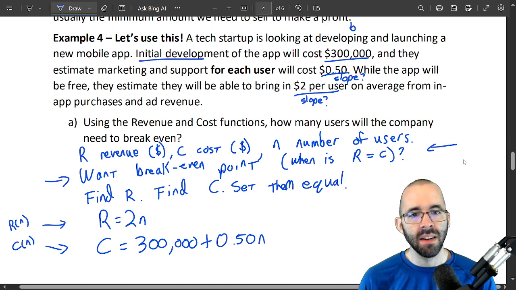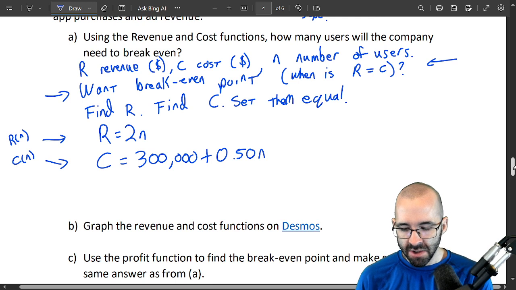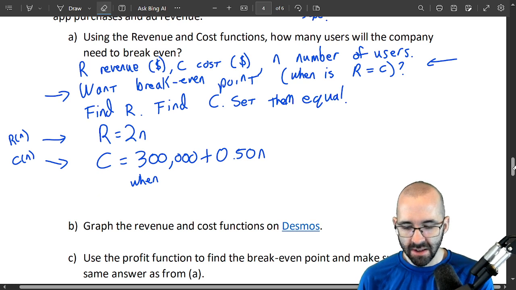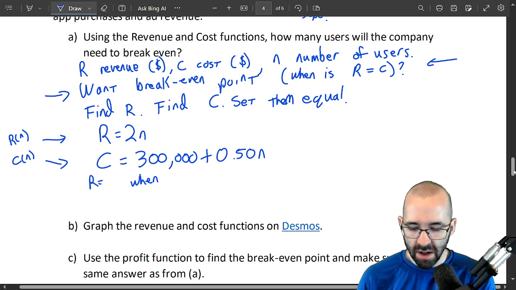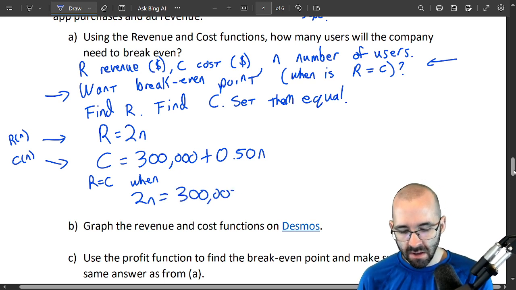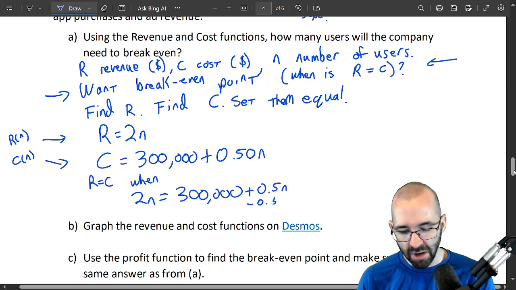So set them equal, and then we'll basically be done. So C equals R when, wait, hold on, let's be consistent. It doesn't matter. But R equals C when R, which is 2n, equals C, which is 300K plus 0.5n. Just solve this linear equation. Subtract 0.5n.